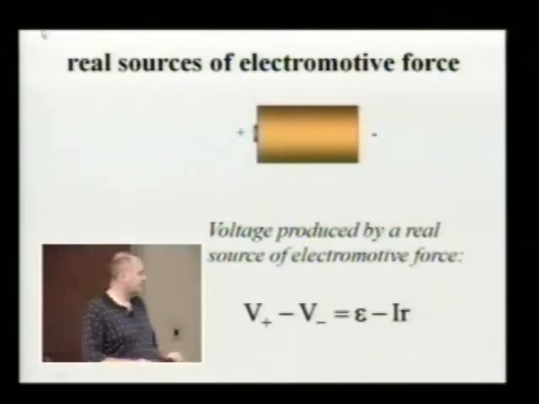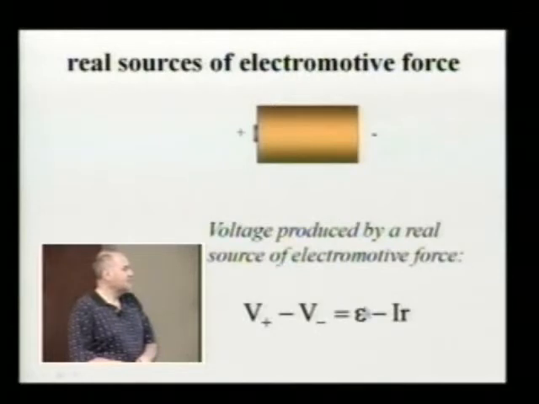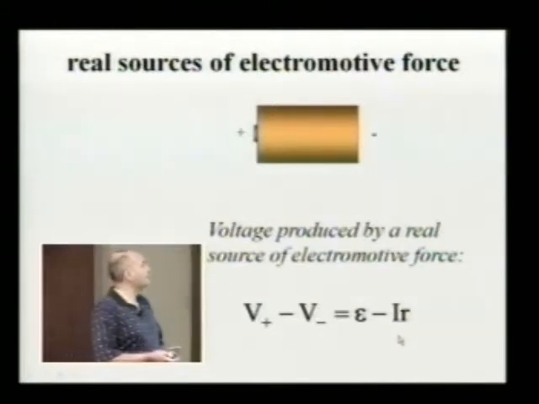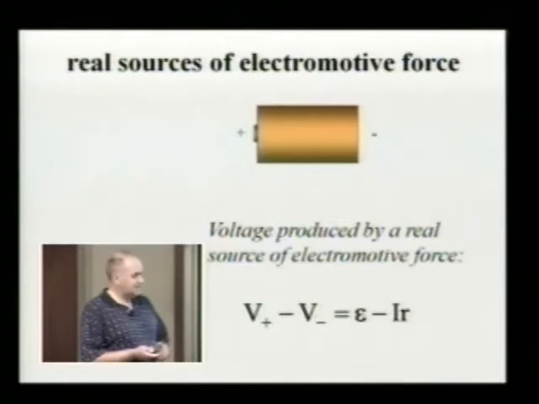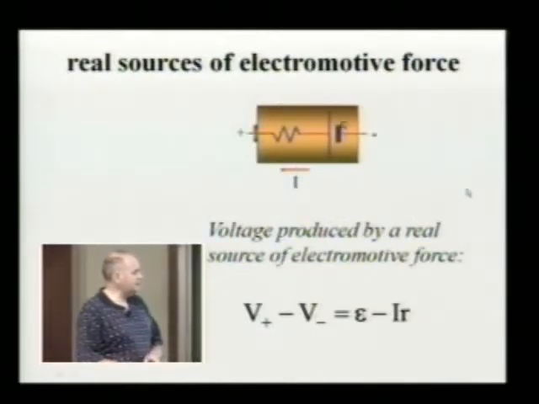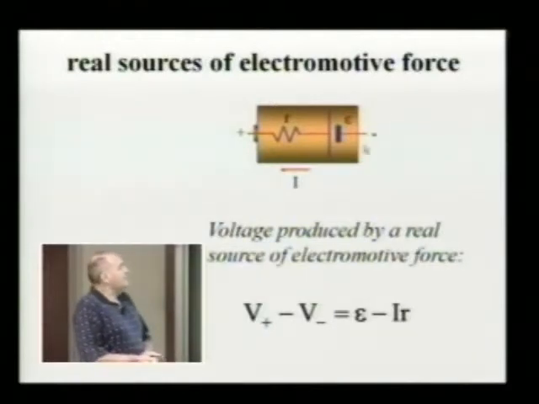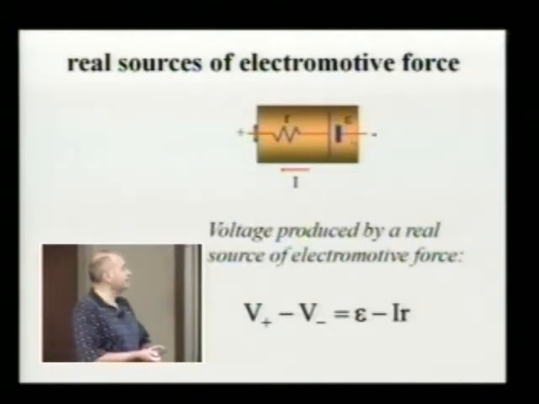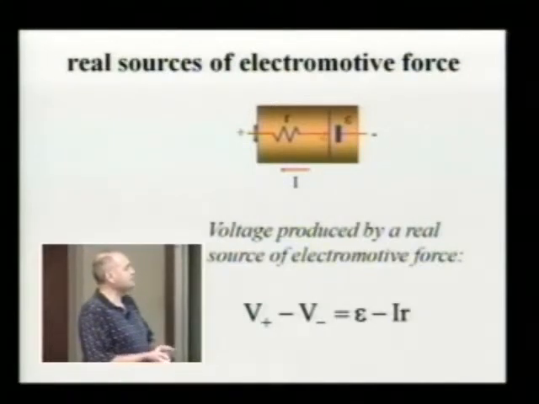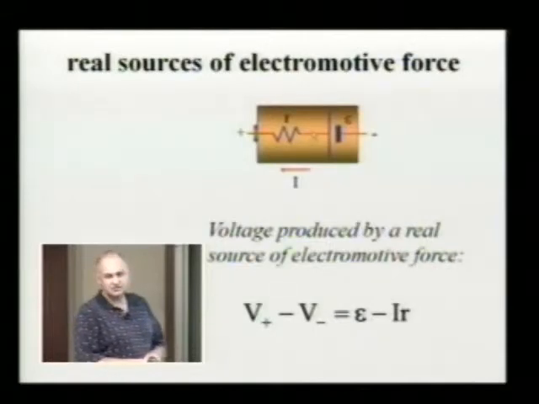However, it is less. Potential difference between the terminals is equal to the electromotive force minus the product of the current and a certain parameter characterizing the battery or the source of electromotive force, and this parameter is called the internal resistance of the source. So practically a real source or a real battery always behaves like an ideal source connected in series with a resistor.